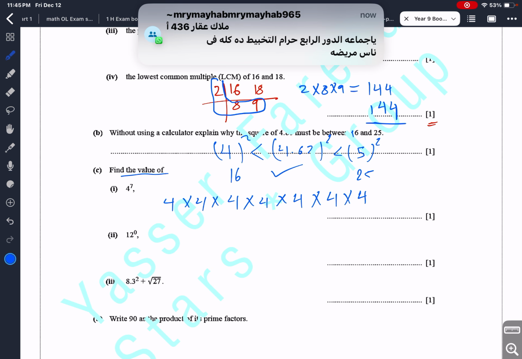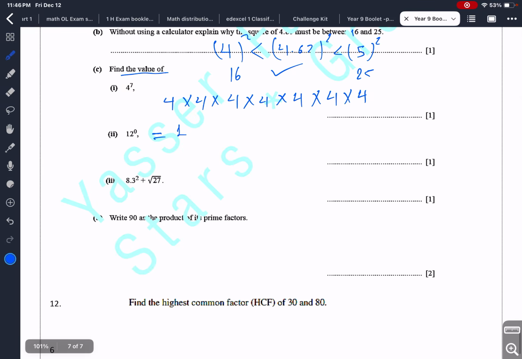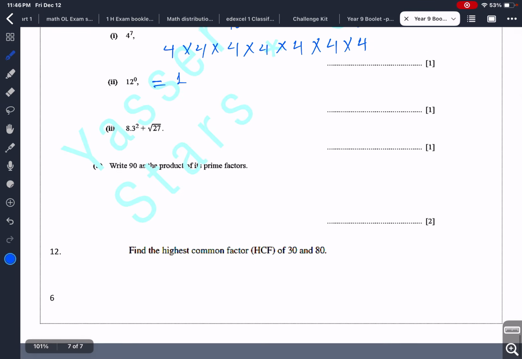This is a bit hard, so we use the calculator to solve it, no problem. 12 to the power 0 equals 1. This is clear: any number raised to the power 0 equals 1. And inshallah, when we study the power rules, we will understand exactly why it's always 1.